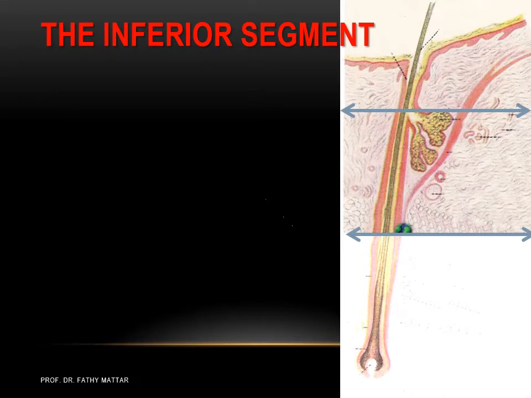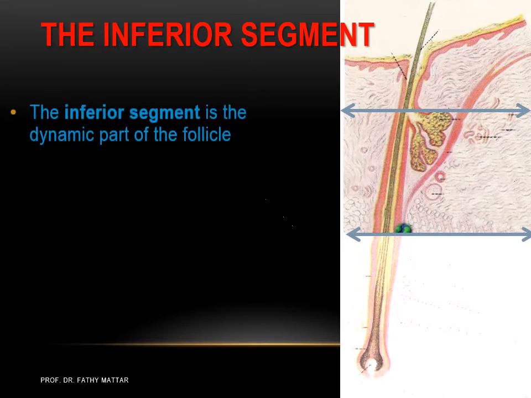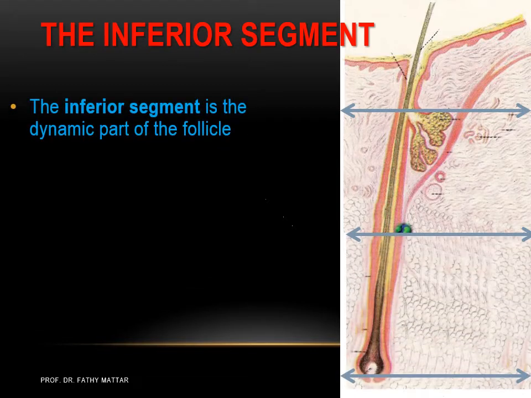The inferior segment. The inferior segment is the dynamic part of the follicle, as we said, because its cells continuously undergo apoptosis to die and then are reformed by the bulge stem cells.